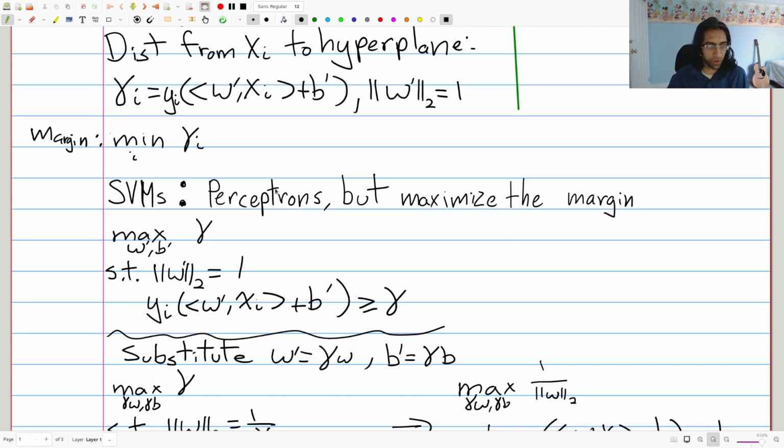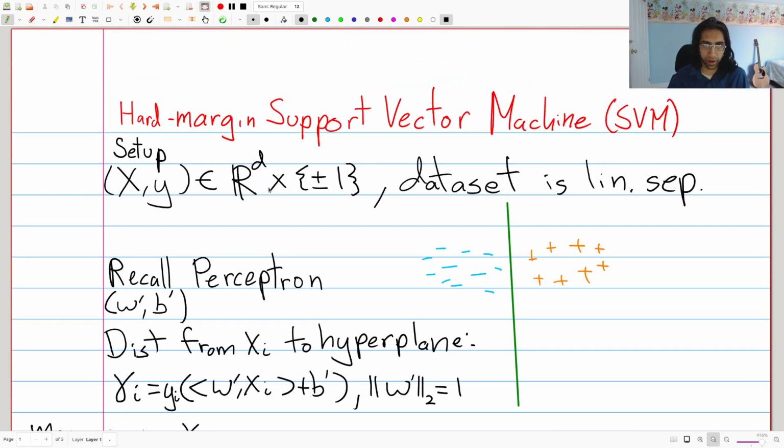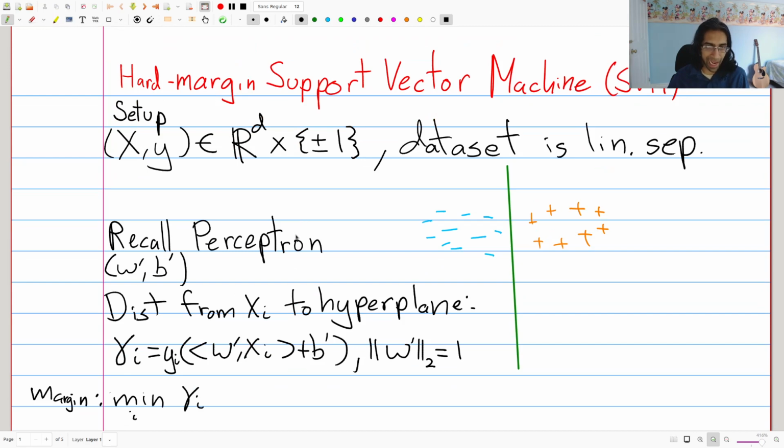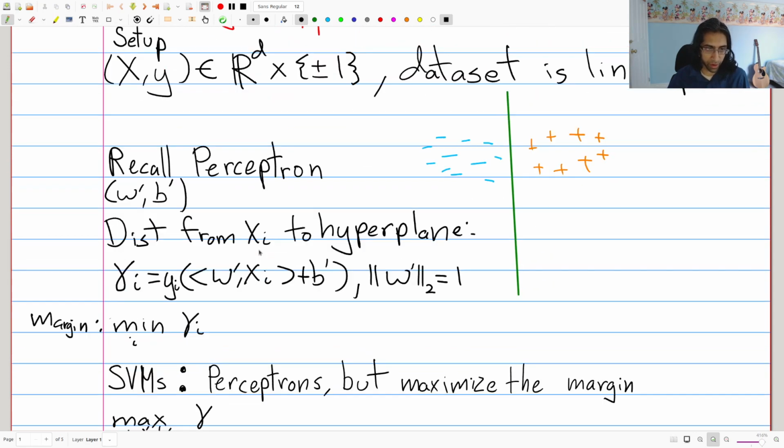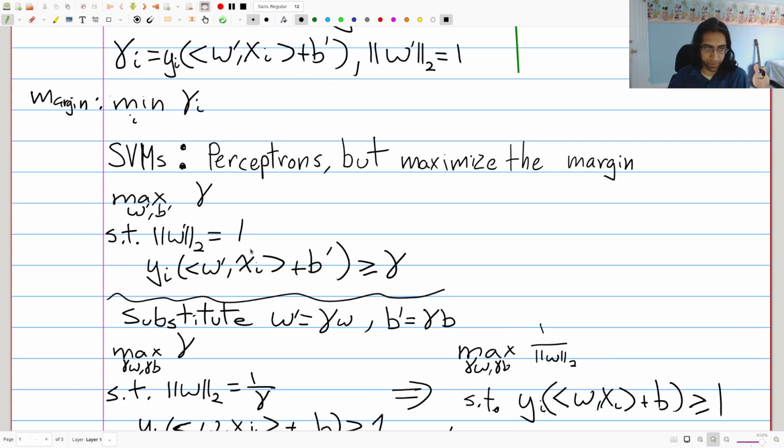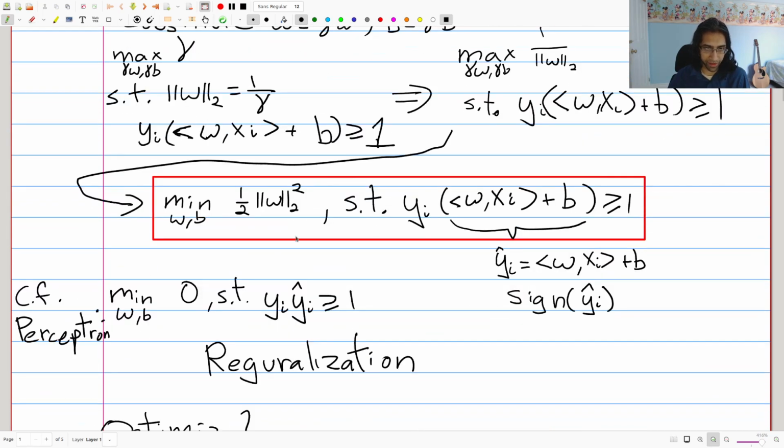So good. So far, we've talked about what the hard margin support vector machine problem is, how it differs from perceptron, that it's a stronger solution concept than a perceptron, and how we derive it and write it. So this is the optimization problem. In the remainder of this lecture, we're going to talk about a very important concept known as Lagrangian duality.